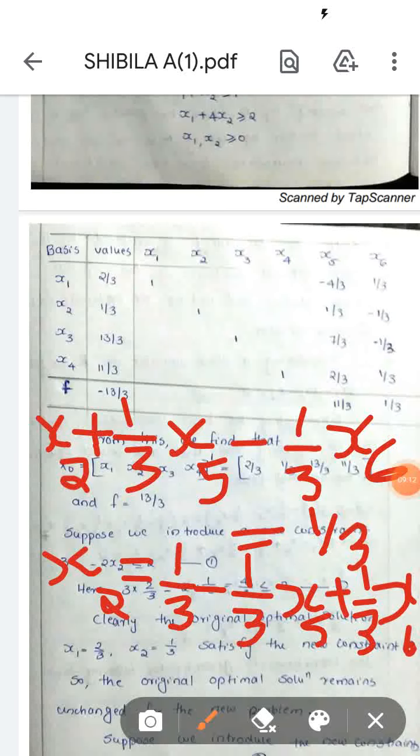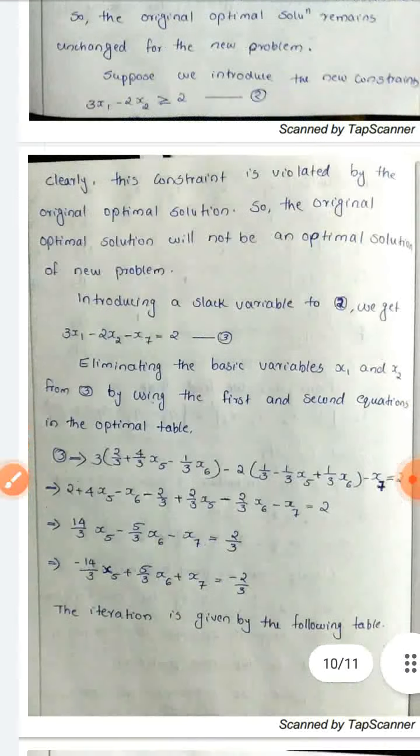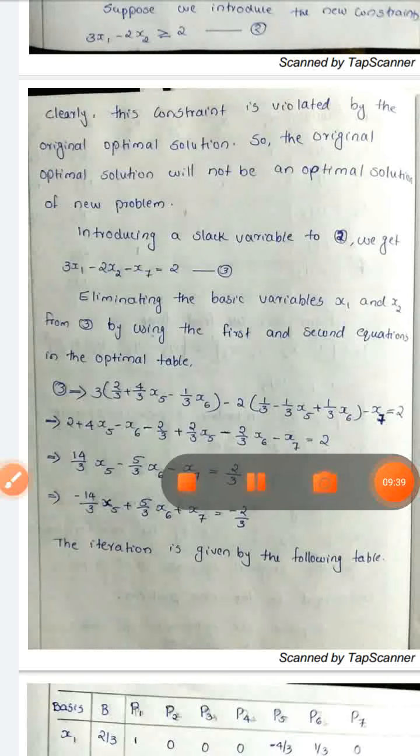So x2 equal to 1 by 3 minus 1 by 3 x5 plus 1 by 3 x6. Substitute the value of x2. Then equation 3 becomes 3 into (2 by 3 plus 4 by 3 x5 minus 1 by 3 x6) minus 2 into (1 by 3 minus 1 by 3 x5 plus 1 by 3 x6) minus x7, which is equal to 2.